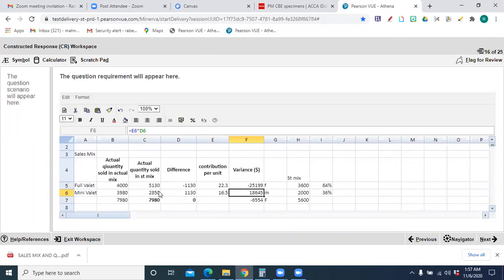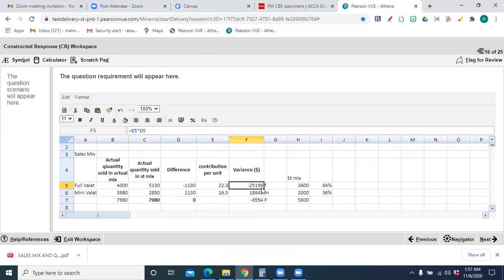But here, when you're selling more of the least profitable product, the increase in the profit isn't more than the reduction in the profit as a result of selling 1130 units less of full value, which was a more profitable product.